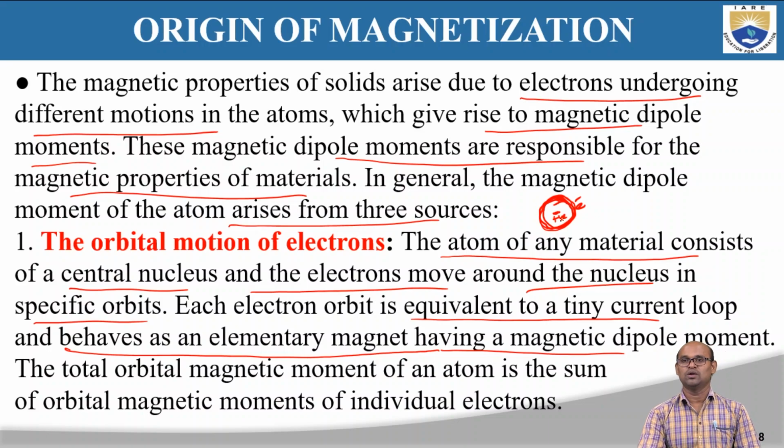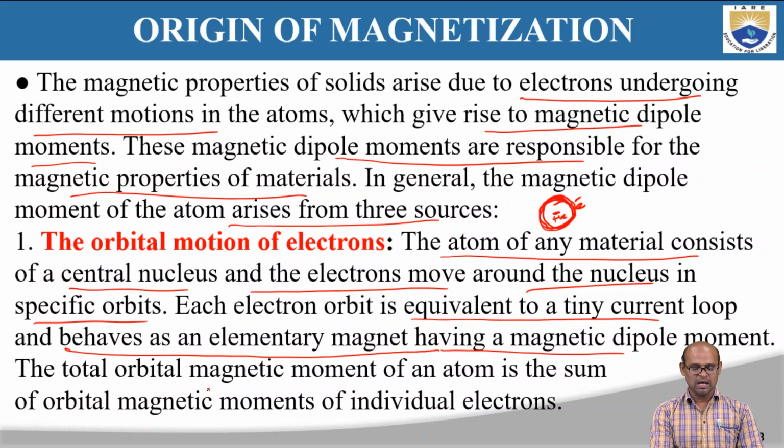So this tiny current loop acts as a small magnet and generates a magnetic dipole moment.